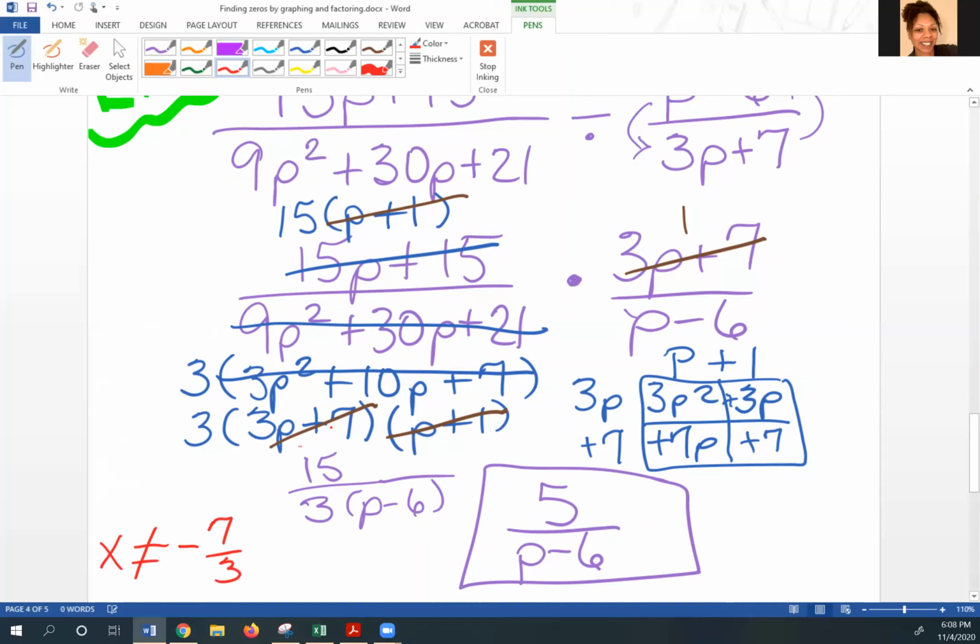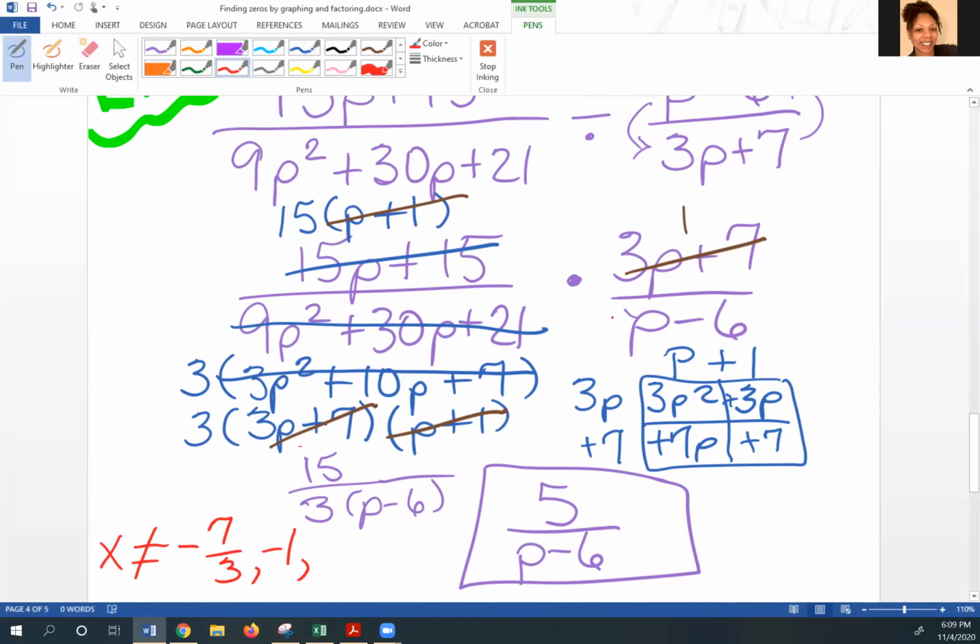When I factored out the bottom portion, I saw a p plus 1 here. We've already accounted for this one. So p plus 1, the opposite sign of plus 1 is going to be minus 1. So I know I can't have a negative 1 either. And again, set it equal to 0, solve for p if you're not sure what's going on.